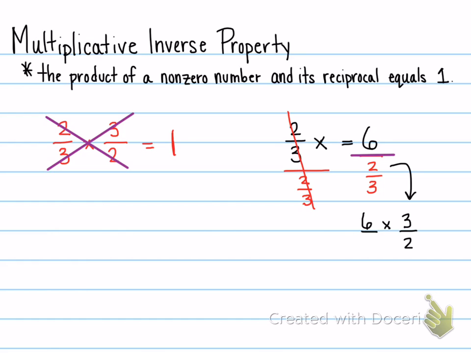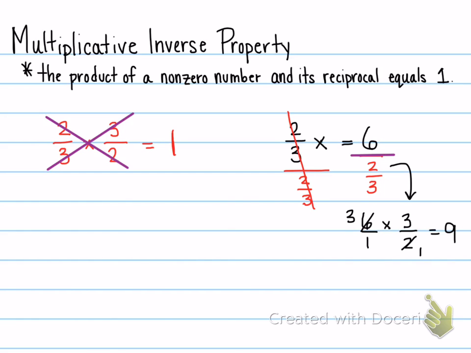Instead of 6 divided by 2/3, you end up doing 6 times 3/2. 2 goes into 2 once, 2 goes into 6 3 times. The answer is 9. So this is why it works: division by fractions changes to multiplication, and then you take the reciprocal of what you're dividing by.